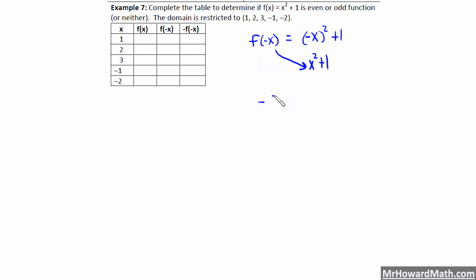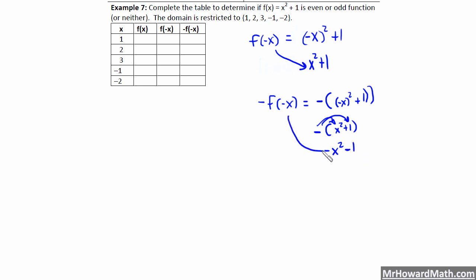Our negative f of negative x would be equal to the opposite of negative x squared plus 1. Okay, so that is going to be equal to the opposite of x squared plus 1, which is finally negative x squared. We just distribute that negative in. Negative x squared minus 1, right? So this one right here.